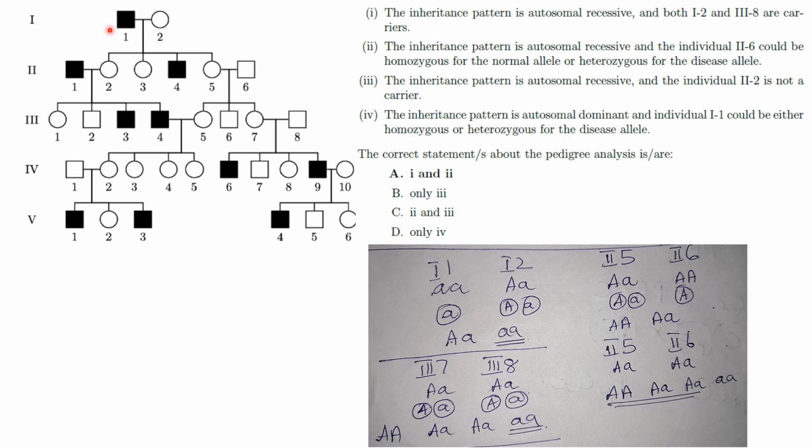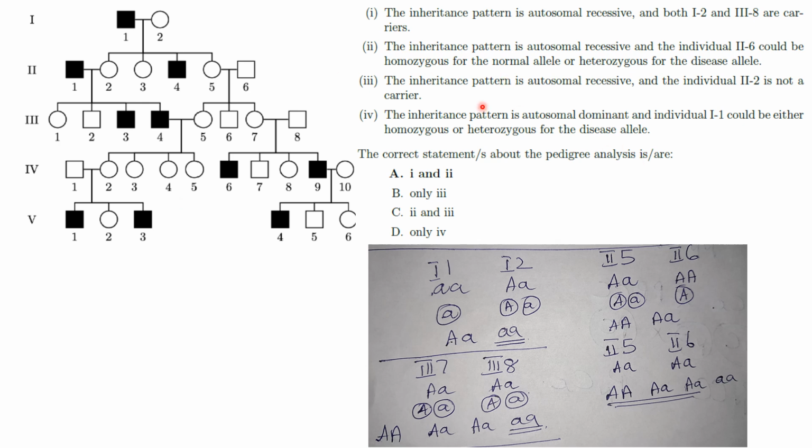So here parents are unaffected, if you see here, but offspring are affected. Here also parents are unaffected but offspring are affected. So it is a clear case of autosomal recessive condition.